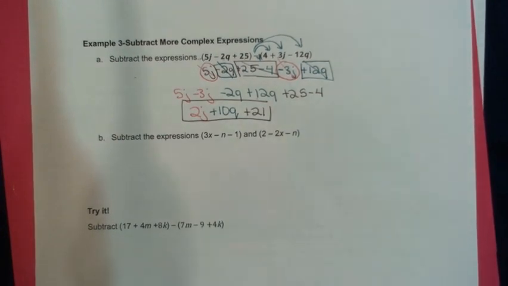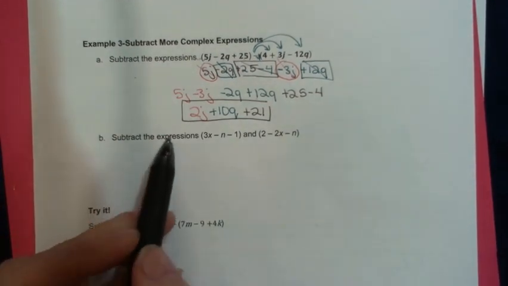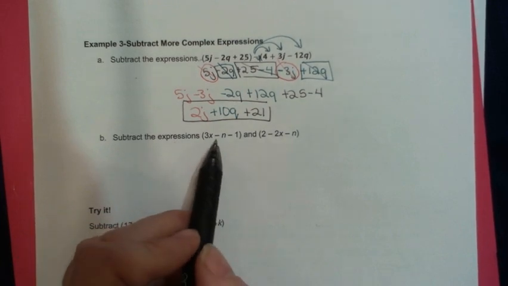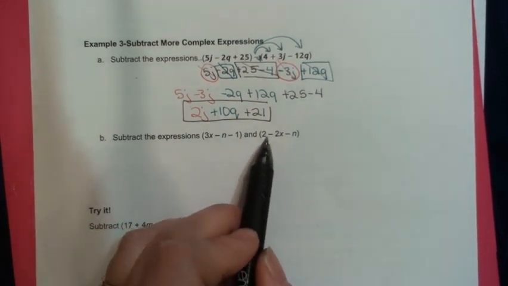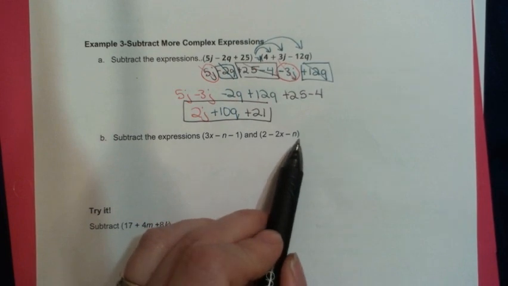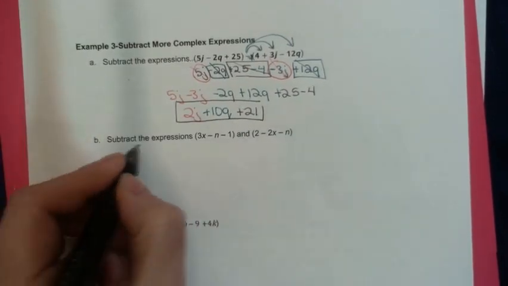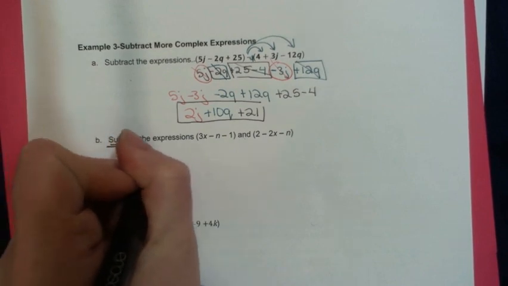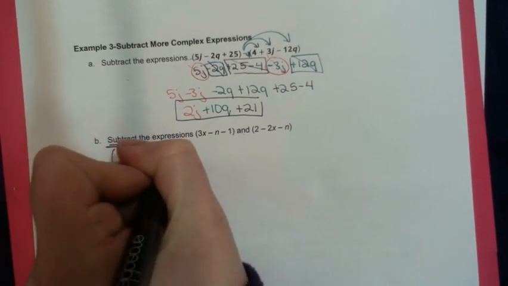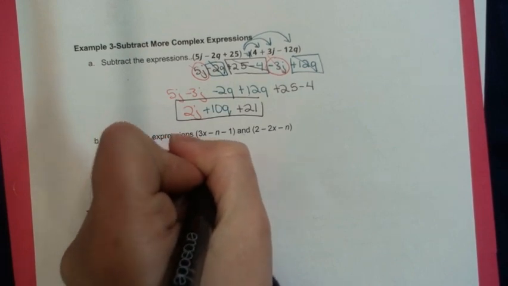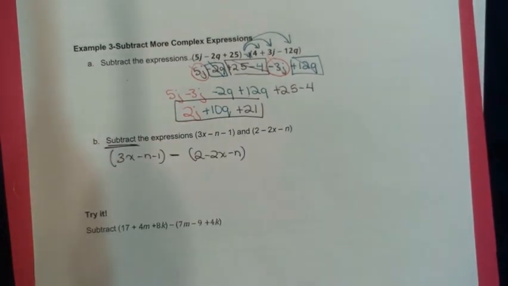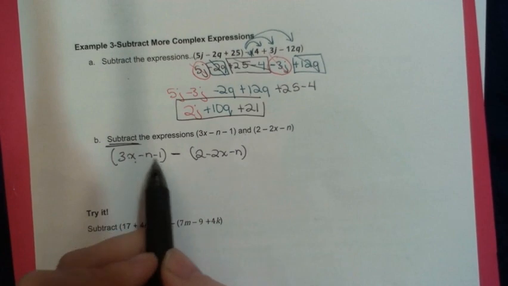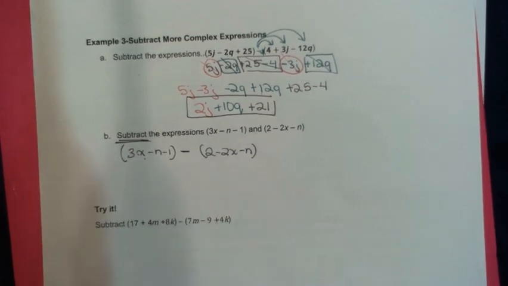All right, next example. Subtract expressions 3x minus n minus 1 and 2 minus 2x minus n. So since there's an and here, it's telling me to subtract. So I'm going to write this as 3x minus n minus 1 minus 2 minus 2x minus n. First thing, always look inside the parentheses to see if there's anything you can combine, but you cannot.